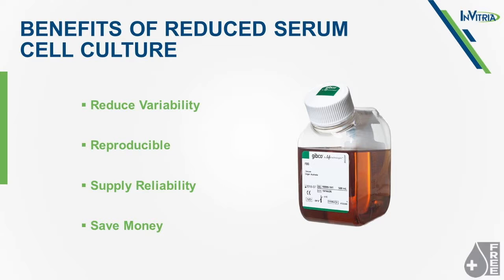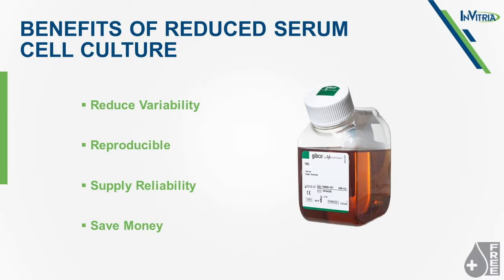First, if your research is absolutely dependent on specific lots of FBS, you can stretch that current FBS supply and make it last longer. And secondly, it will make future serum purchases a little less painful in terms of financial implications.